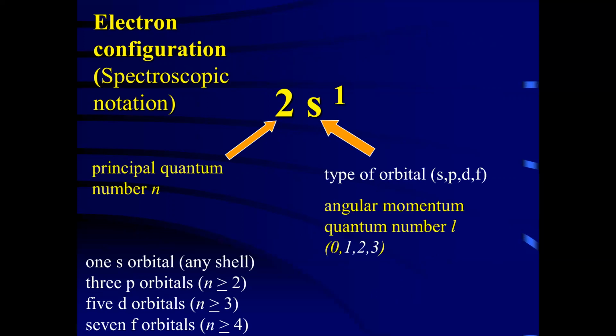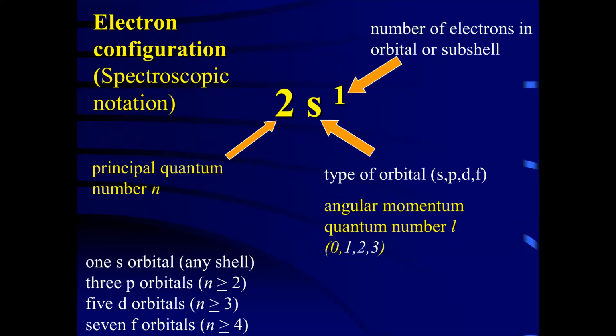In this slide we introduce a very important concept. In order to describe the electrons in an orbital, we use something called electron configuration. Some textbooks also use the name spectroscopic notation.